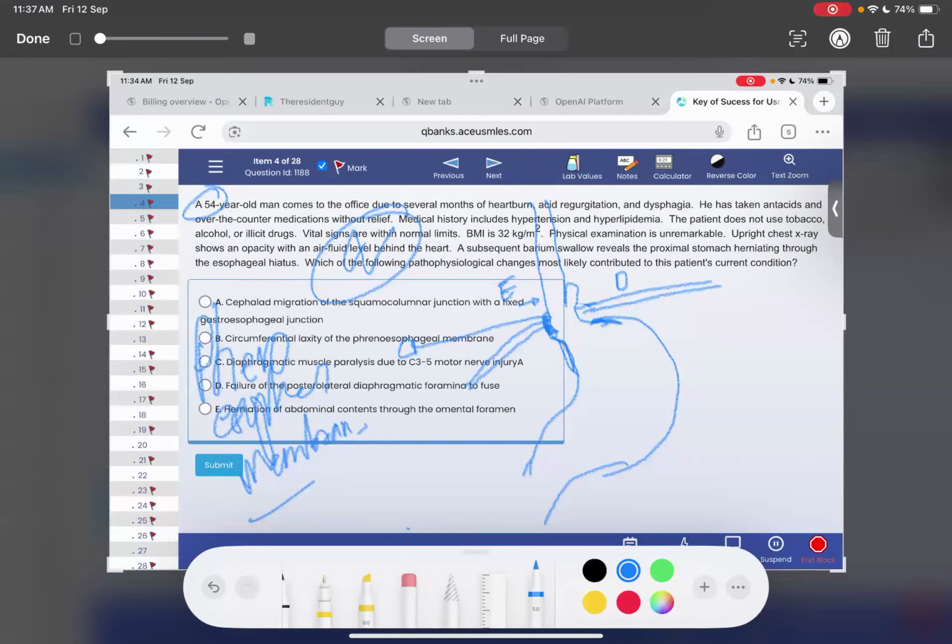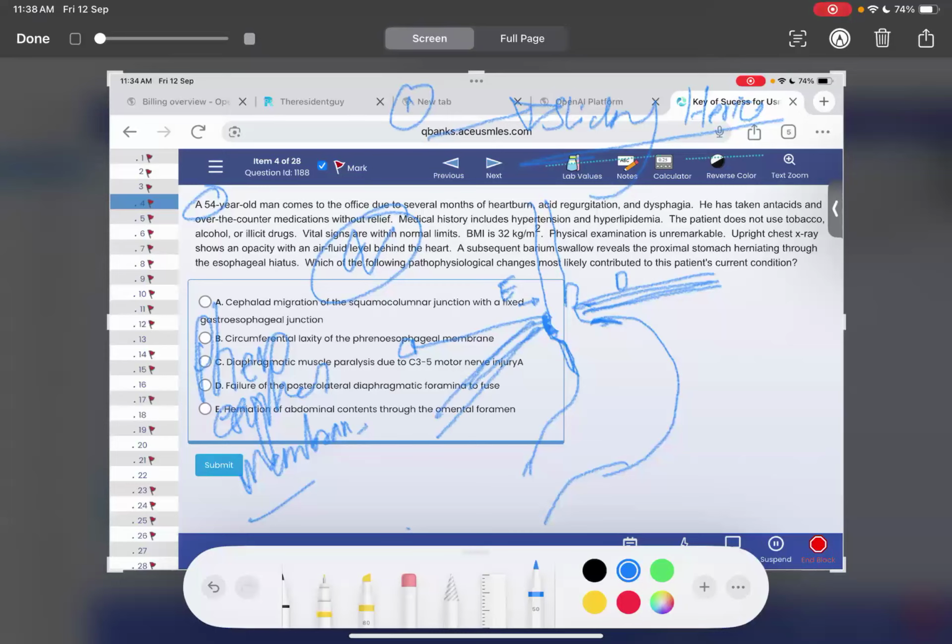This type of hernia is called a sliding hernia: sliding of the stomach through the phrenoesophageal membrane without forming a defect in the diaphragm. This is type number one.